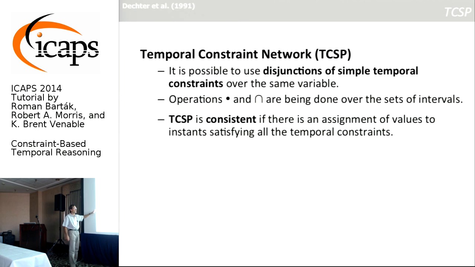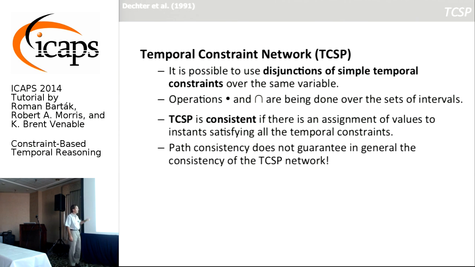The definition of consistency is exactly as before. We say that the network is consistent if we can assign values to time points, satisfying all the temporal constraints. Unfortunately, if we introduce these simple disjunctions, path consistency is no longer enough to verify consistency of this network. Again, if path consistency says it's not consistent, then it's not consistent.